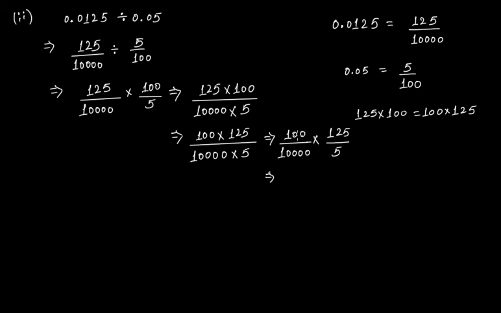Dividing the numerator by 100 you get 1, and dividing the denominator by 100 you get 100. If you divide 125 by 5, you will get 25. So this is 1 over 100 times 25, which gives you 0.25.